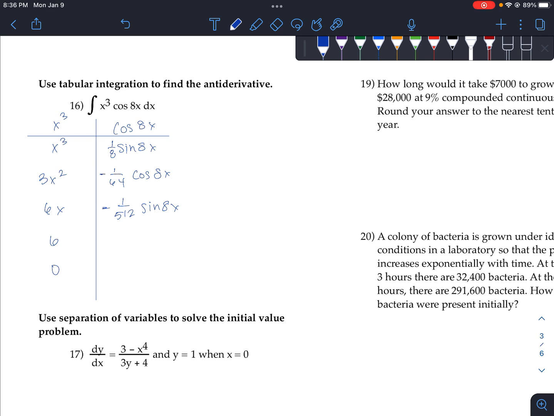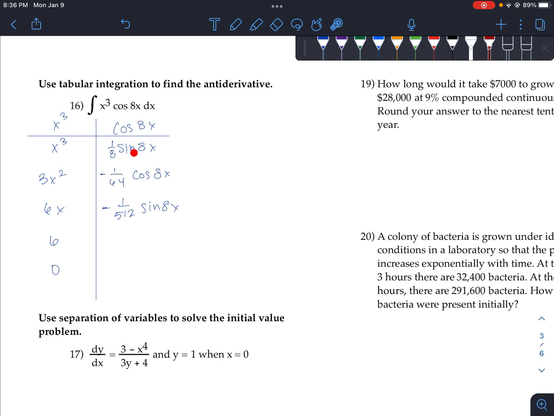And then for the next one, we would have 512. Let me make sure I'm doing this right. So 1/8, that's 8 times 8 is 64. Cosine of 8x, the derivative of that should give me that.